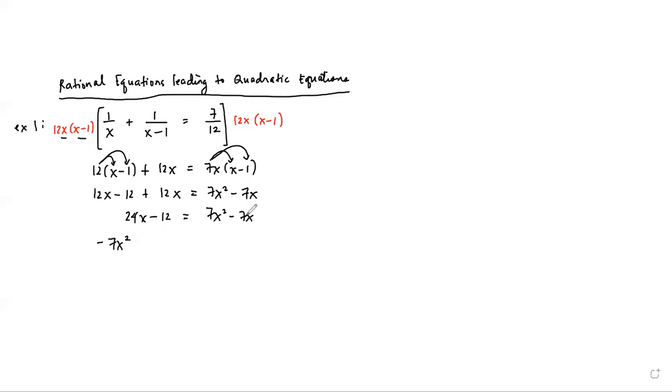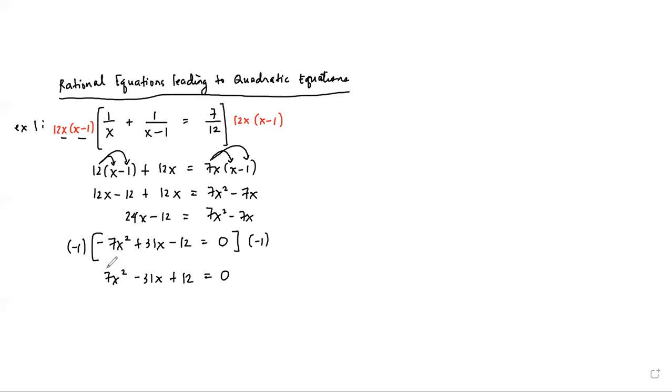And then this negative 7x will become positive 7x and will then be combined with 24x. So we get 31x. And then we write negative 12 equals 0. To make the first term positive, we multiply both sides by negative 1. And so we get 7x squared minus 31x plus 12 equals 0.